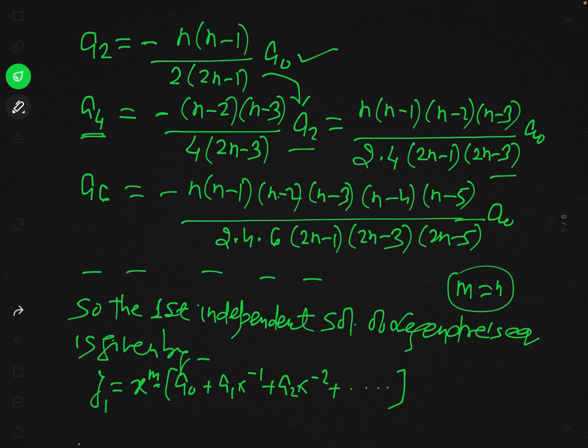So at the place of m we will write n, and we have obtained the value of a1, a2, a3 and so on. In fact a1, a3 all are 0, and a2, a4 these are calculated here. So now you can substitute the value of these coefficients and m equal to n, and then you will get the first independent solution.